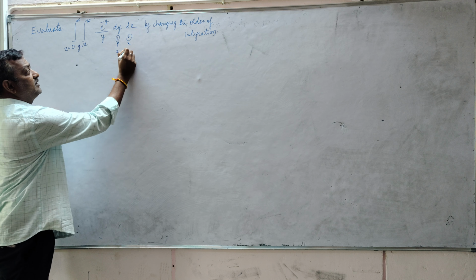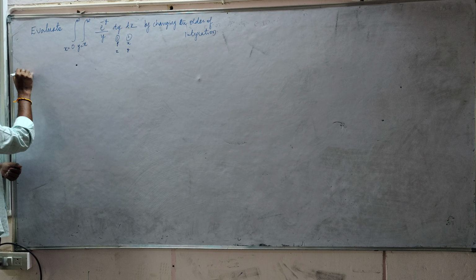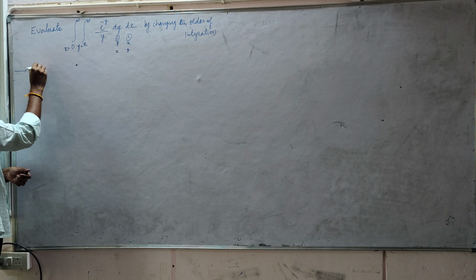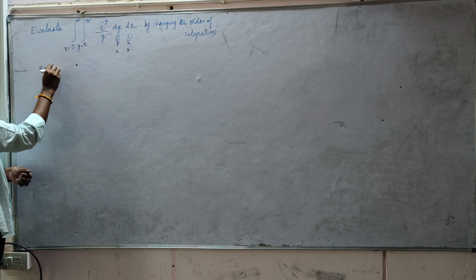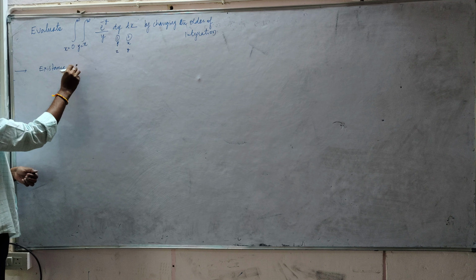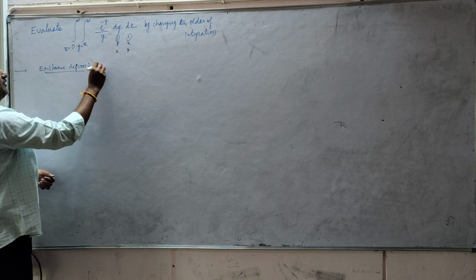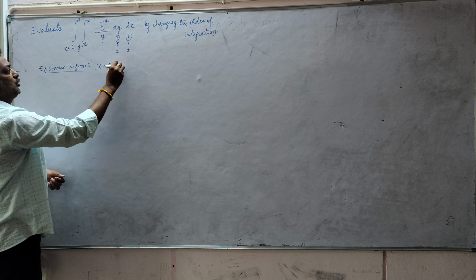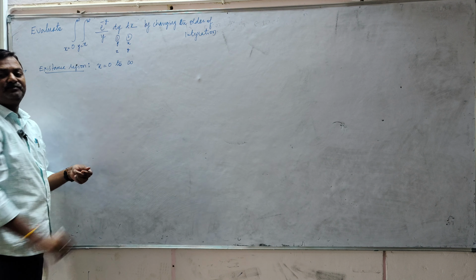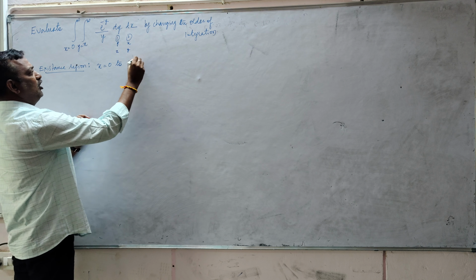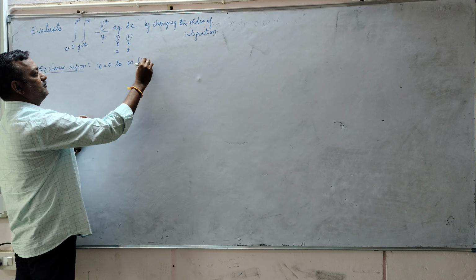For this purpose, the first step I am going to write is the existence region. What is the existence region, students? Here x runs from 0 to infinity. This is called the horizontal strip, right?